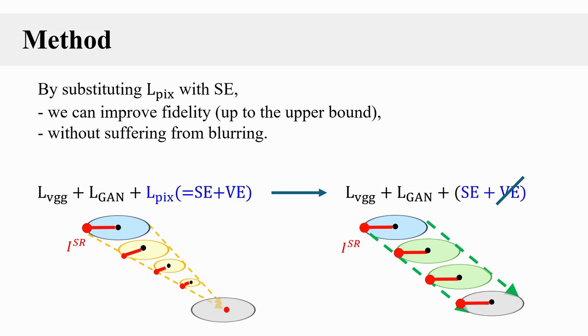Then we apply this together with other perceptual quality-oriented losses, which will now lead to the highest perceptual quality the perceptual losses can provide, while achieving the highest fidelity scores for that specific given level of perception. It would be nice if you could compare these left and right figures, the SE plus VE, which indicates LPIX, and only SE, which stands for our proposed loss function.